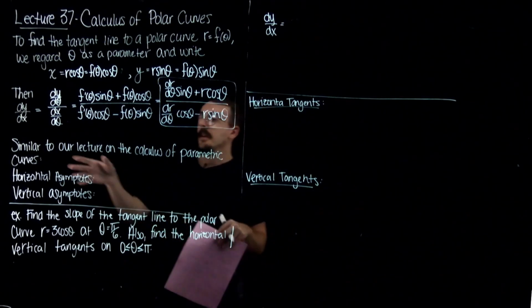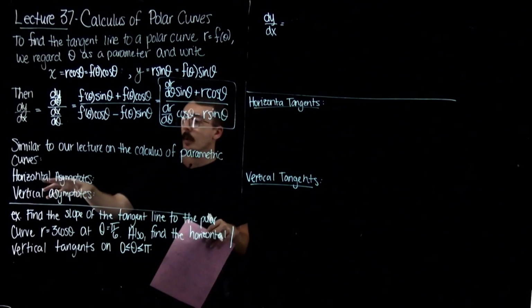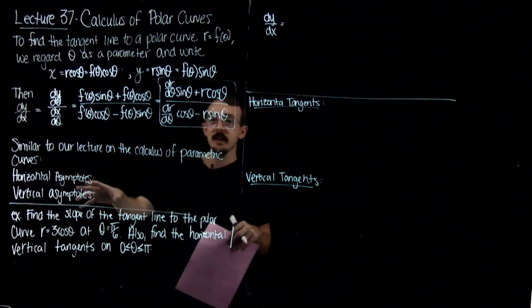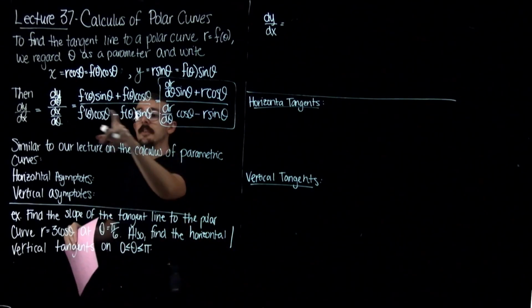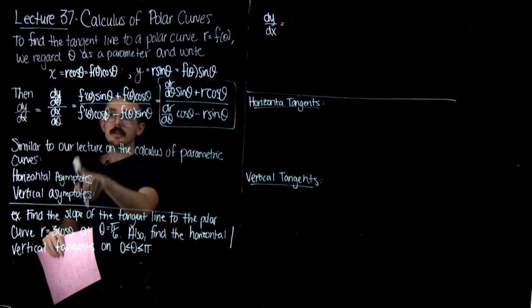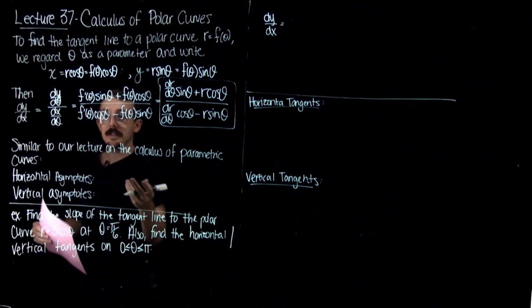Now we can ask the same question we did in a previous lecture: where do the horizontal and vertical tangent lines occur? Well, you'll do the same kind of thing. For a horizontal tangent, you need the numerator of this to be 0, because you want the slope to be 0.